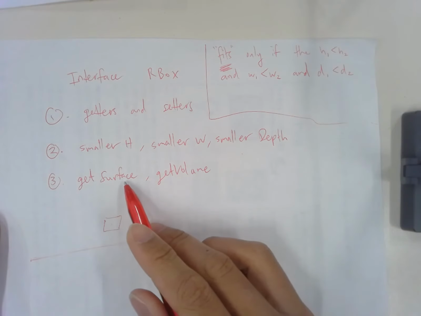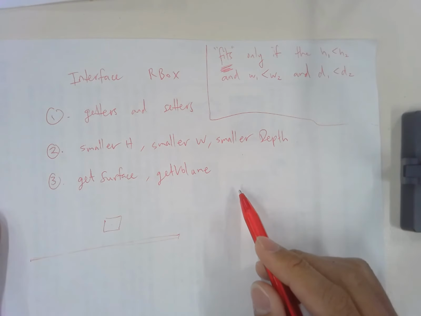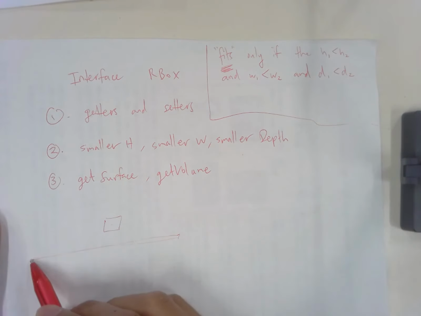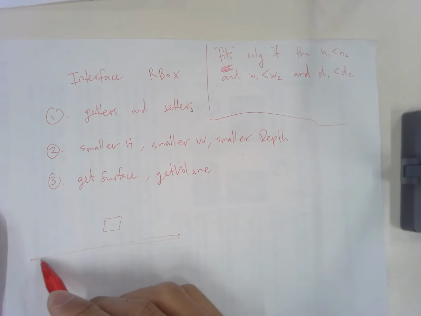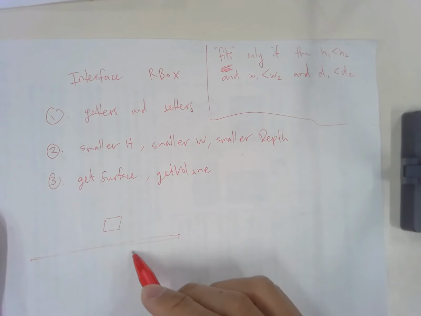And then we have get surface area, which tells us about how much surface we have in these two boxes.